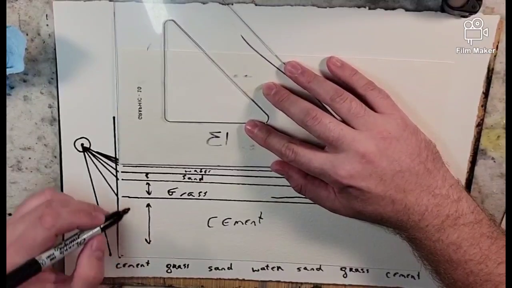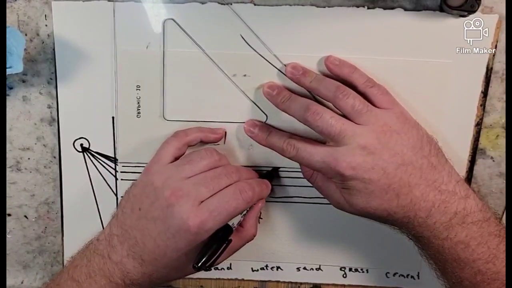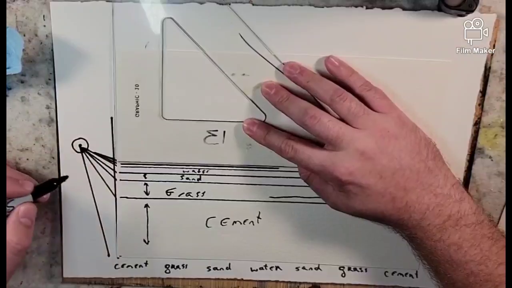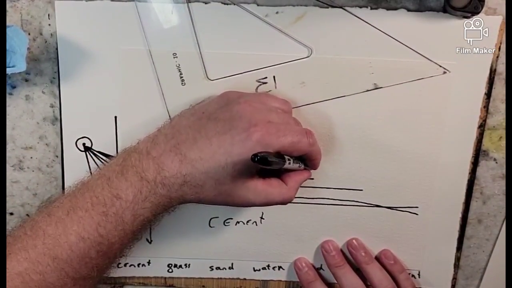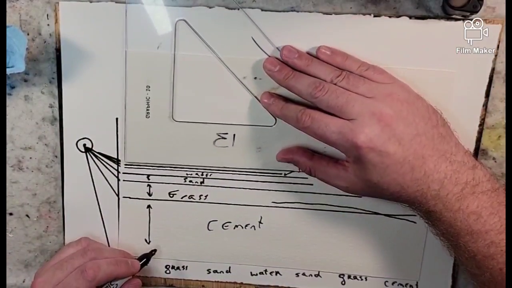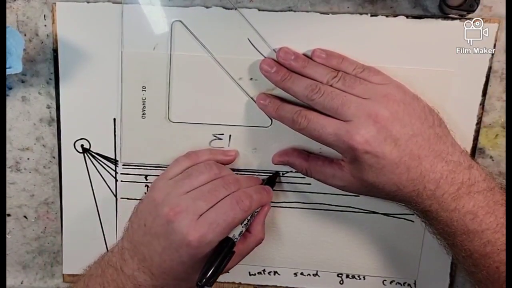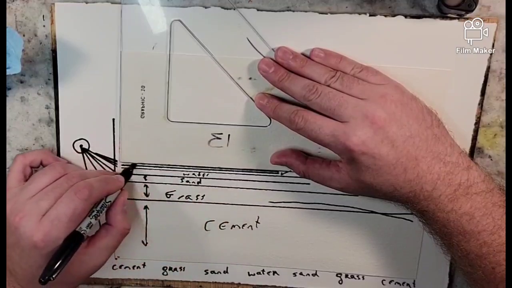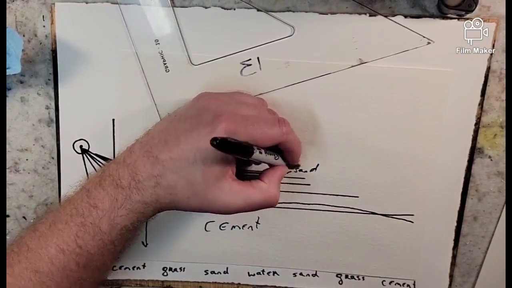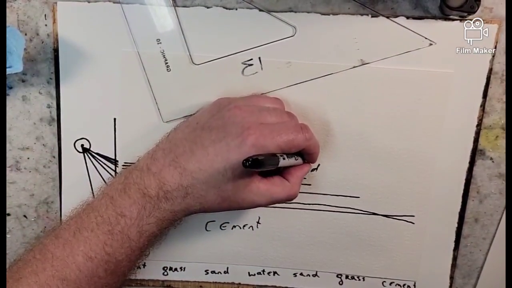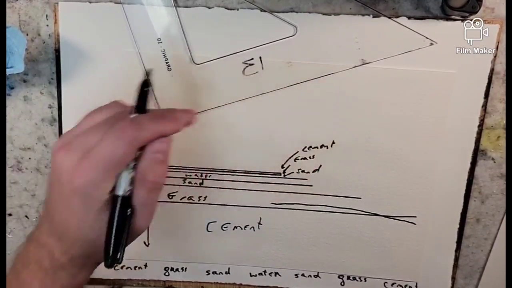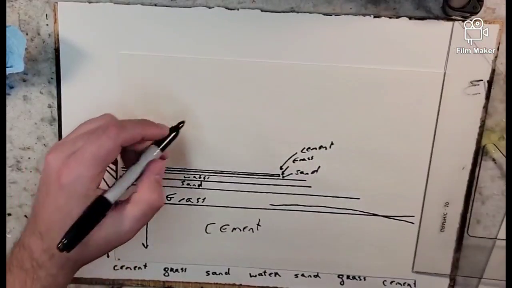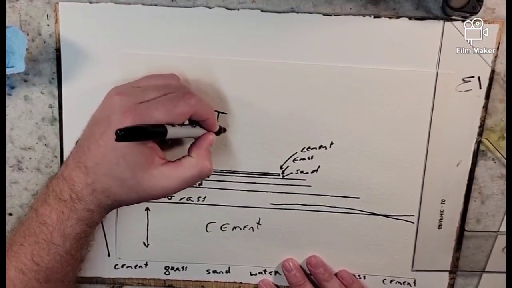After that, it's getting so small. This is the other side. It'd be sand. And we would barely be able to see the grass and the cement on the far side. And then everything above it would be air.